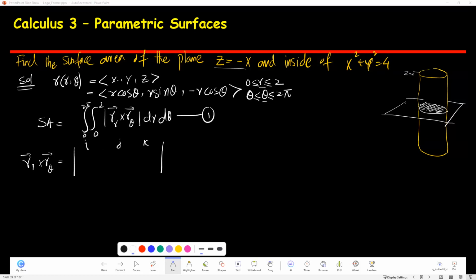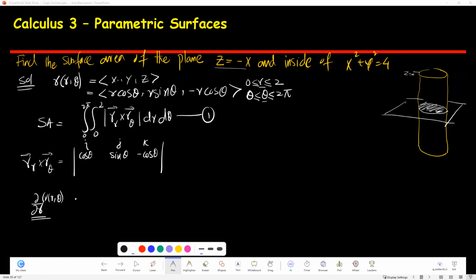And this one is equal to, I'm going to just substitute the values, i, j, k. I can directly take it, so I need to take r_r. If I take this for this equation, I'm taking partial derivative with respect to r, so it's going to be cos theta, sine theta, and minus cos theta.